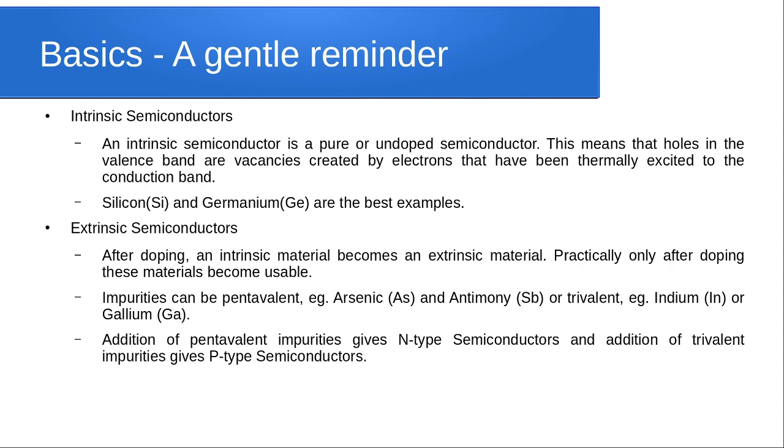Similarly, if a trivalent impurity is added, only 3 of the electrons can form bonds with this trivalent impurity. So there will be a gap or hole devoid of electron, and this hole contributes to the conduction in p-type semiconductors.